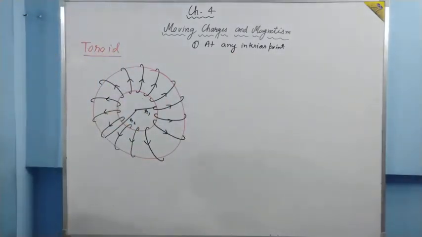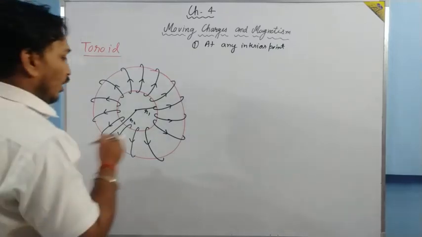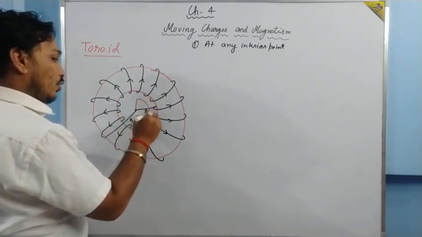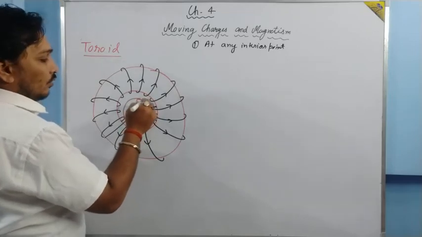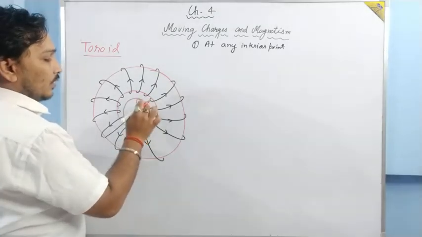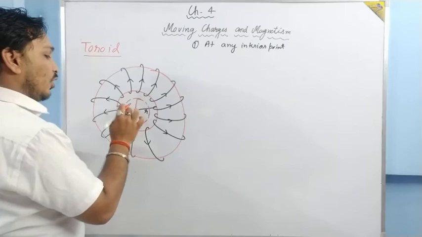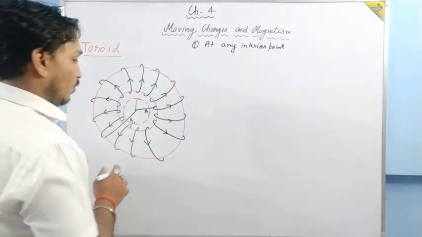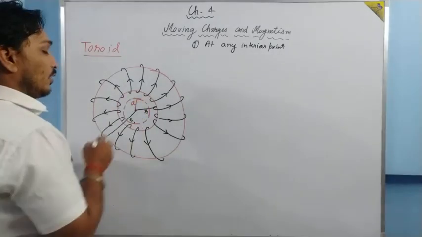So for that what we need to do? We need to take a circular loop of radius, say small r or small a or small b, whatever. Let this radius be small a.